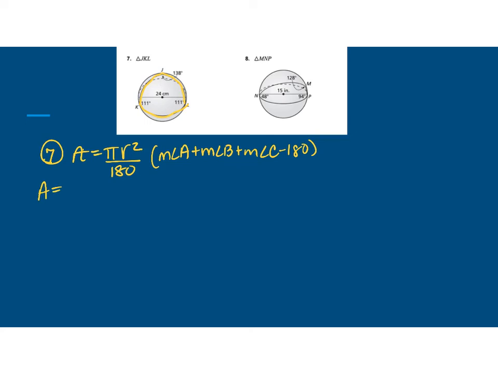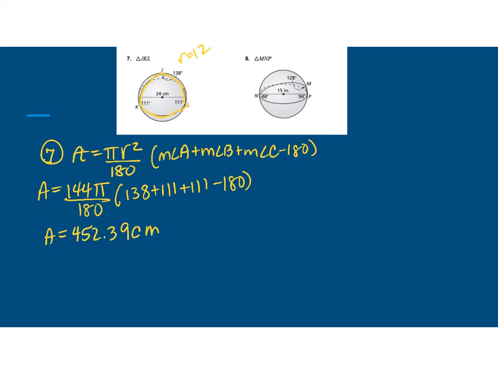All right, the radius would be 12. Let's see, our angle measures are 138, 111, and 111. And that is an area of 452.39 square centimeters.